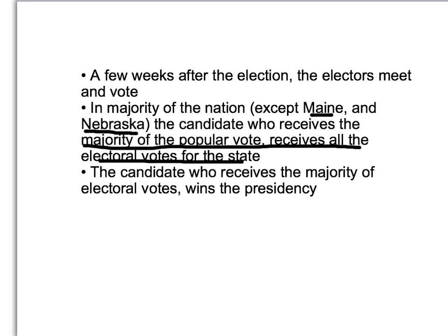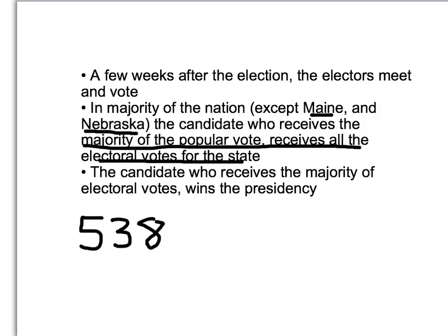Now, there are, believe it or not, 538. What? I thought it was supposed to be 535. 435 in the House of Representatives, 100 in the Senate. So that'd be 535. Why 538? Well, here's the outlier. Washington, D.C., the people of Washington, D.C., because it's not a state, get the same thing as the minimum of a state.